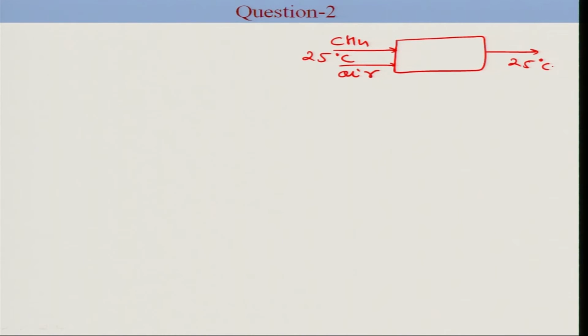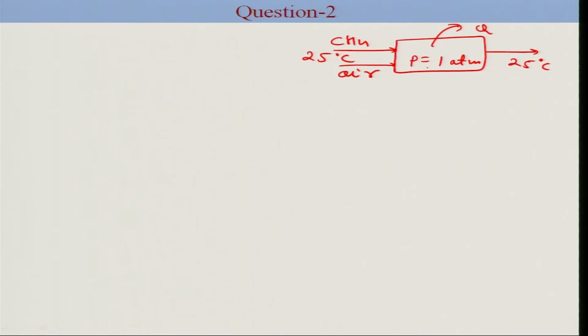And the combustion is being done at 1 atm. So, we have to determine the amount of heat coming out of this combustion chamber. Since temperature is constant, it will lose its energy to the surrounding. So, that heat can be obtained by energy balance on this combustion chamber.